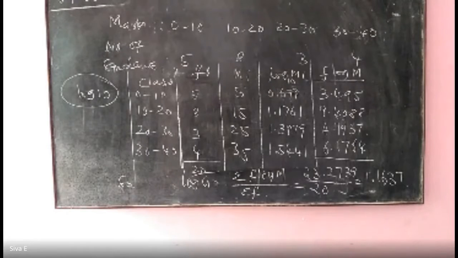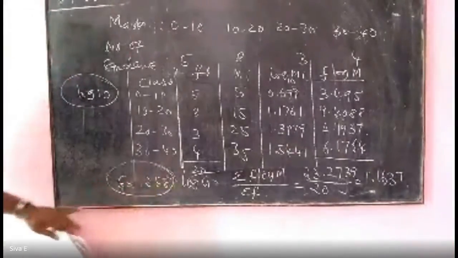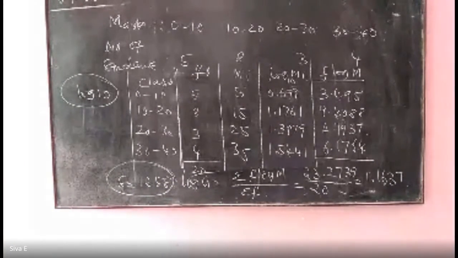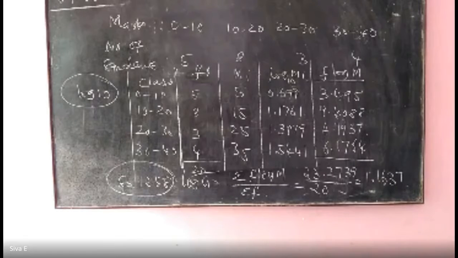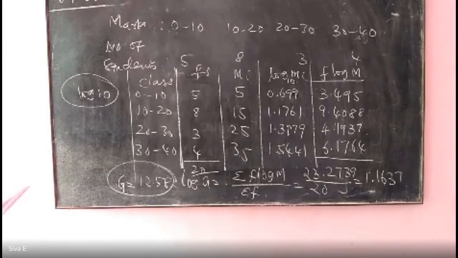Please check it and confirm. Sometimes the book answer may also be wrong. Taking the anti-log of 1.1637, many others are getting the same answer, 14 point something.